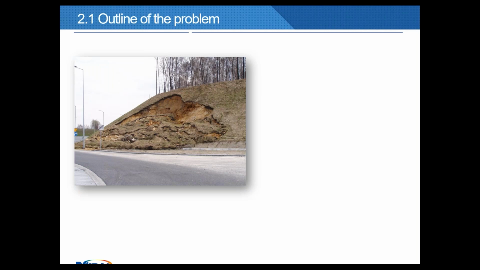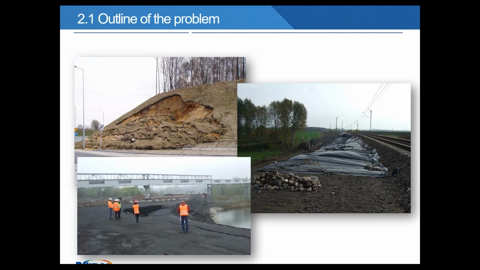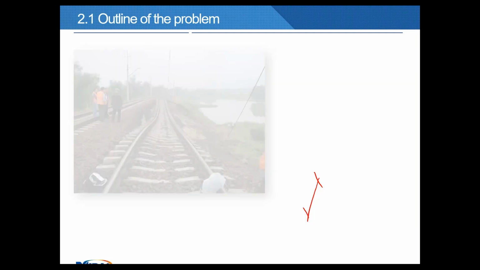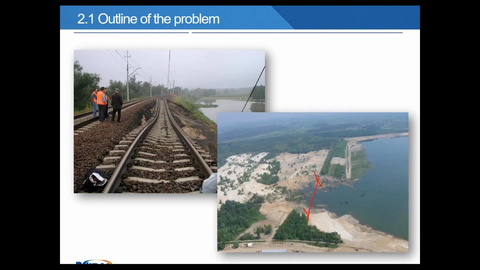Here we have a landslide near the road, then a problem with stability of a railway embankment, also a problem with a highway embankment. Then we have the next photo of a problem with a railway embankment, and here we have a problem with old open pit mine stability.